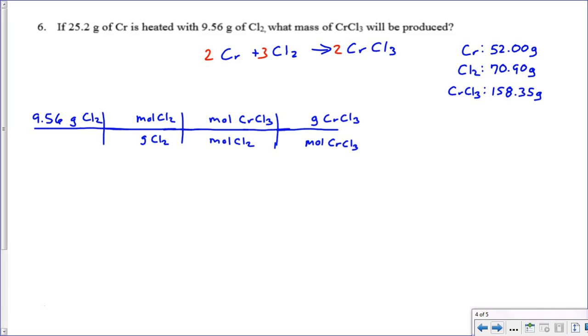The conversion factors, grams to moles, we've got the molar mass. So for chlorine, it's 70.90 grams in 1 mole. Mole to mole ratio for Cl2 and CrCl3, we look at the balanced chemical equation. It's a 3:2 ratio.